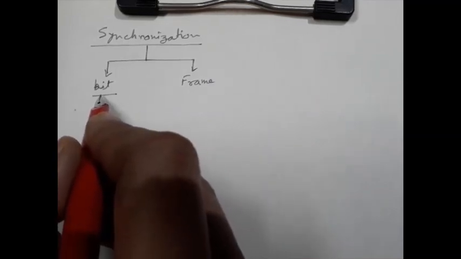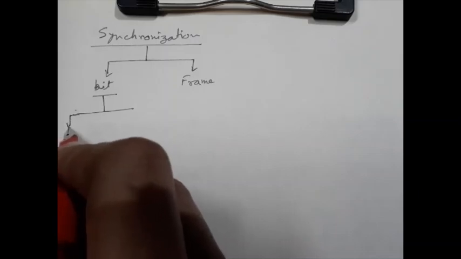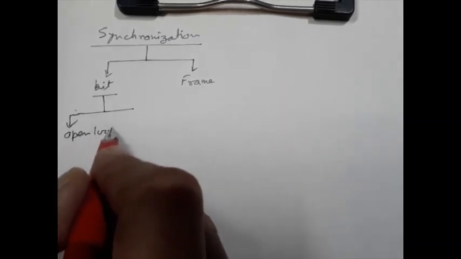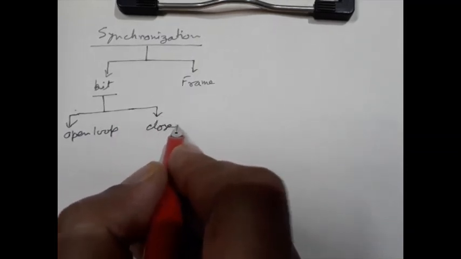Now the bit synchronizer may be divided into two groups. One is called open loop, another is called closed loop.